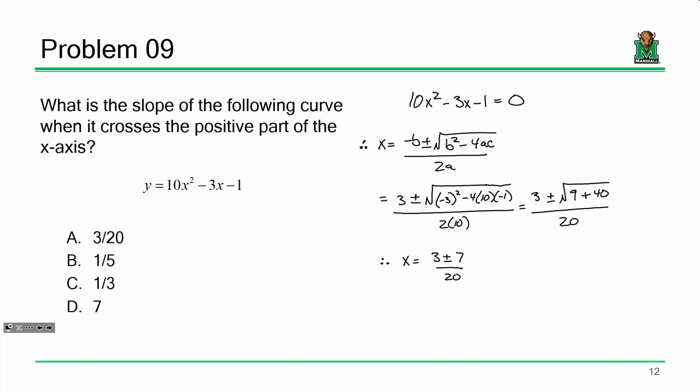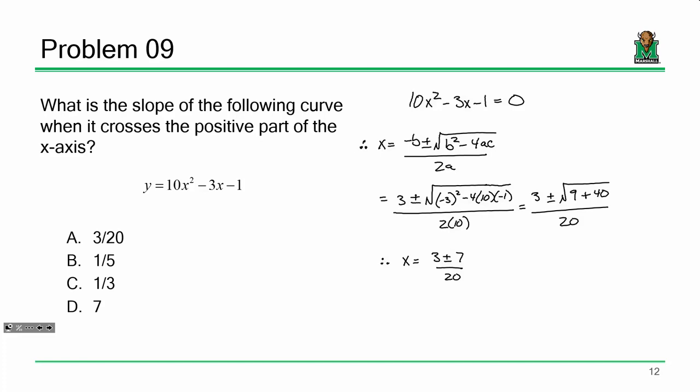Now, let's reread the problem to make sure that we're not losing focus on what we're talking about. What is the slope of the curve when it crosses the positive part of the x-axis? Which one of those answers can we neglect? Keep in mind, we're solving an equation. It has 2 roots, right?